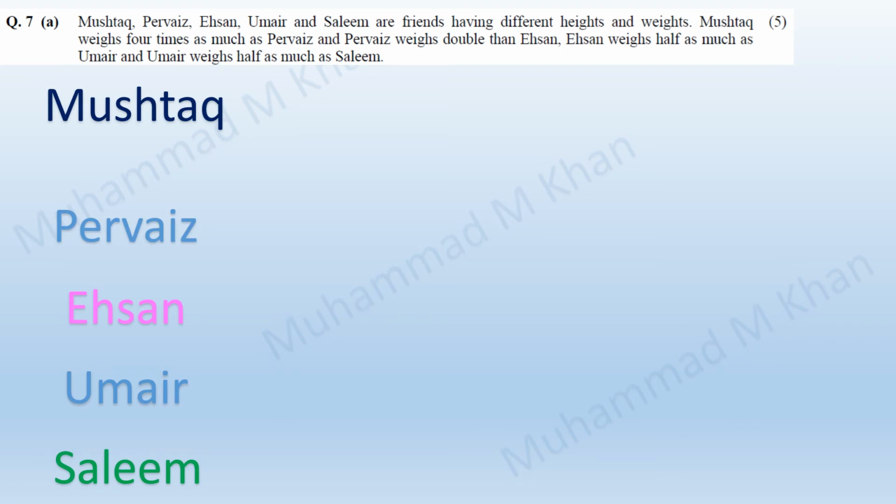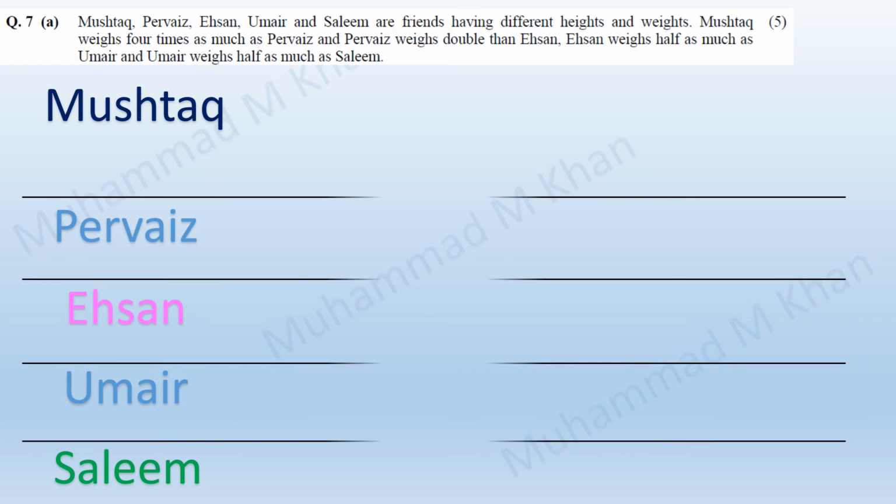Five friends having different weights: Mushtaq, Parvez, Ihsan, Umair and Salim. The given information is that Mushtaq weighs 4 times as much as Parvez.